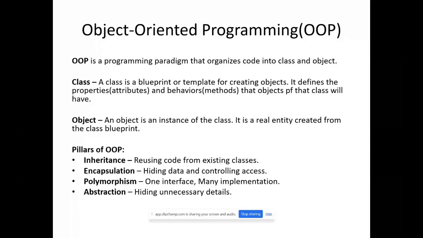All these are properties of animal, but animal is not a physical entity. We are just declaring it. And if you see dog, cat, those are real entities, those are the objects.